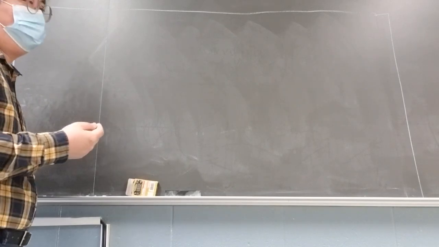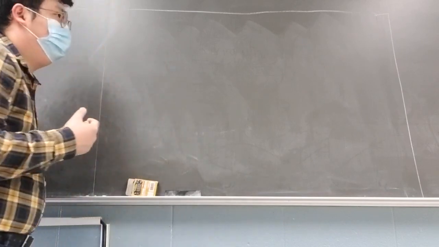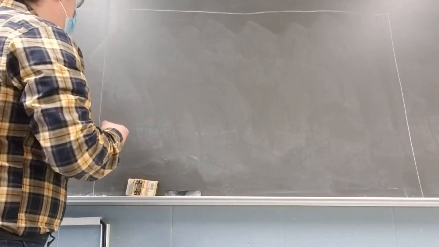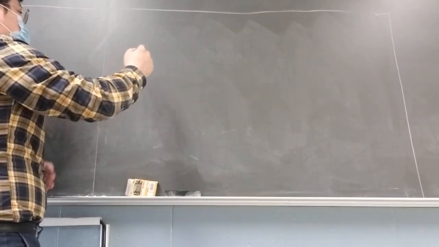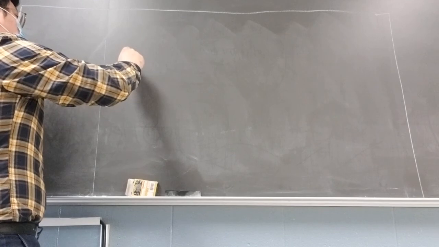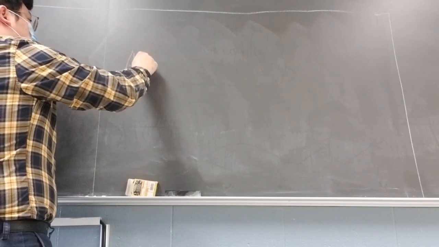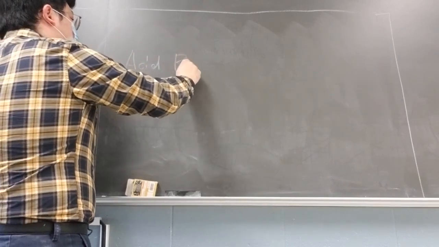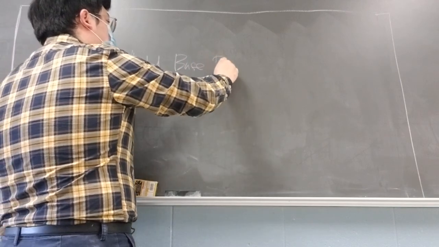I'll move on. So let's go into the next type of reactions you can see in aqueous solution. Before we get to that part, I want to point out some terms first, and then we can move on to the next type of reaction you may see in an aqueous solution mixture. So this one is what we call acid and base definition.